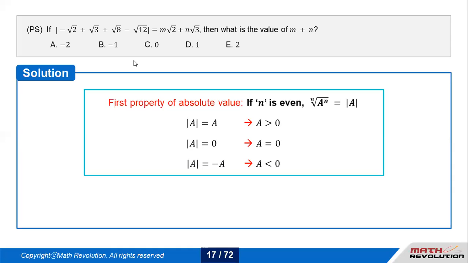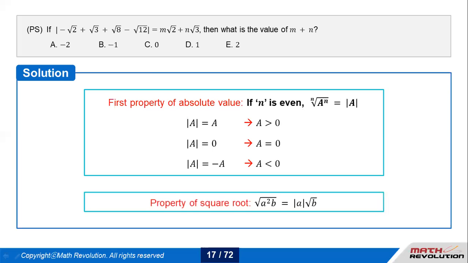We are dealing with these radical signs here. We have our first property ready in our mind. We directly go to the left hand side and start solving. But before that, you should always remember that if there happens to be a square root of a squared b, so far we were dealing with a single number a.